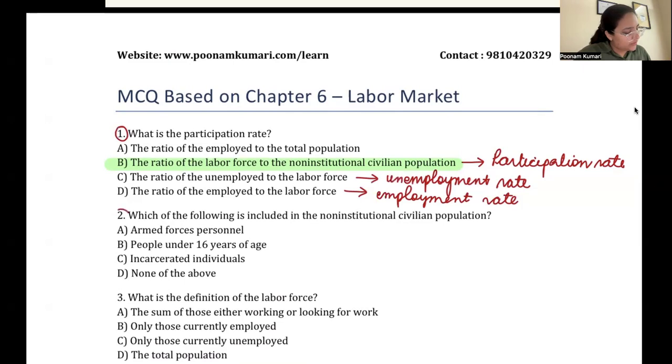Question number 2. Guys, all good with part number A? First part clear for everyone? Part number 2. Which of the following is included in non-institutional civilian population? In case some people are having trouble with this term, this means the people who are in prison.